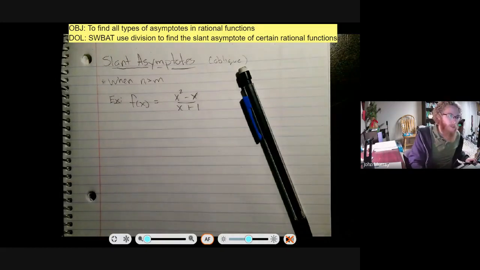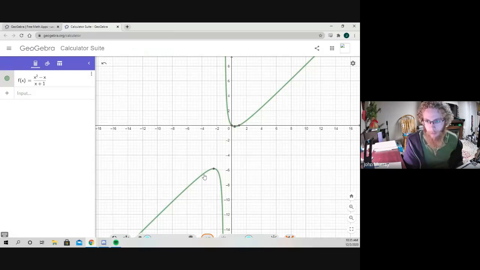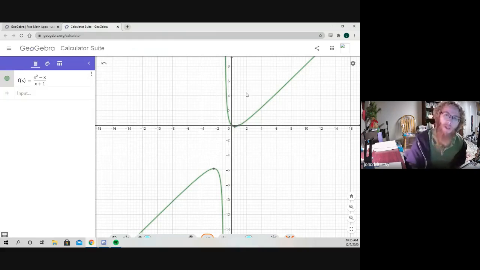Did I graph it? Yes, I graphed it. On the graph, we can tell that there's a vertical asymptote, because our graph is going up, and then all of a sudden it goes down, and then here it shoots down and loops back up. But you can see there's not really a horizontal asymptote that we're used to seeing. It looks like there's a big space where we're missing an area, but it's not a straight line like we saw before.